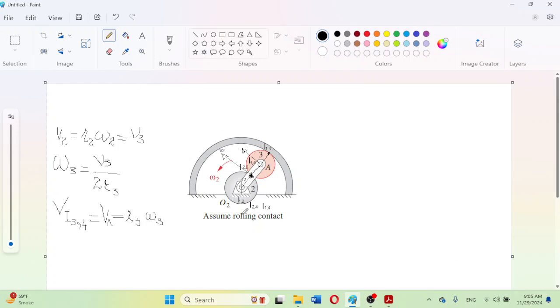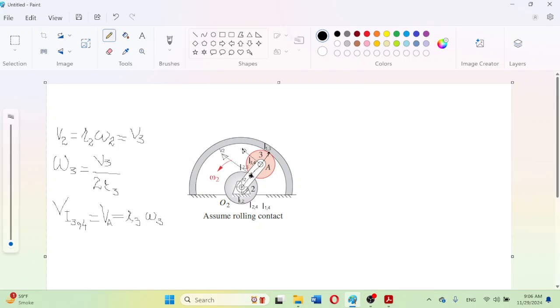But remember that this will be the linear velocity of point A. This link number 4, which is actually this binary link connecting point O2 to A, does not have the same angular velocity as link number 3.